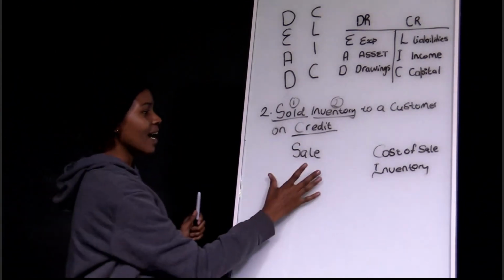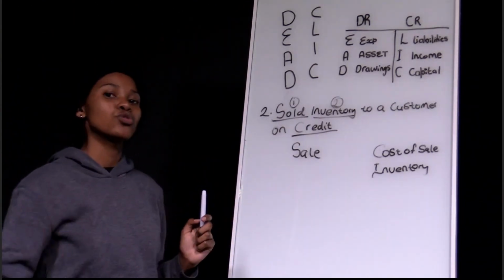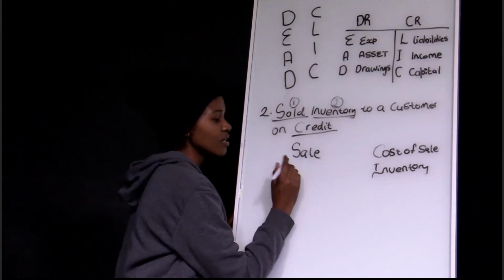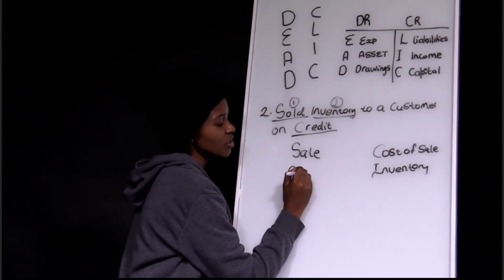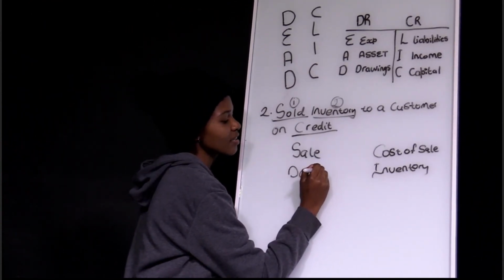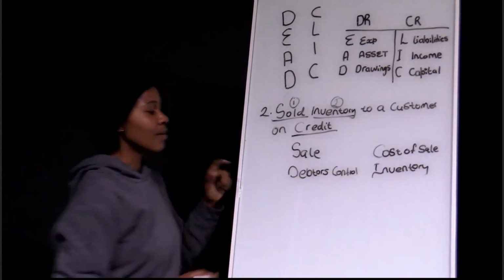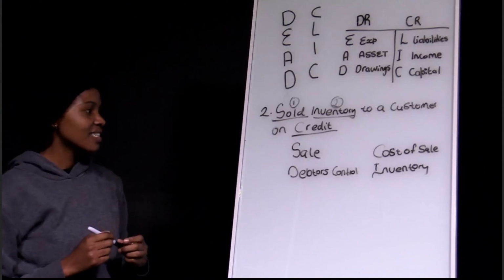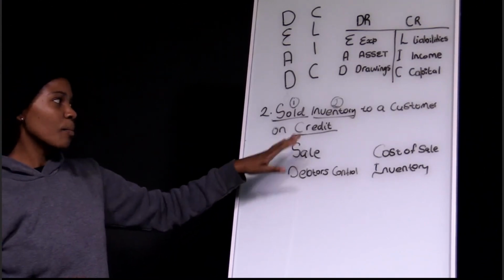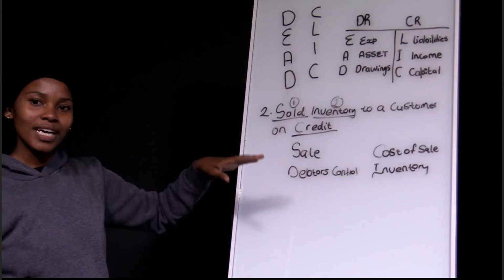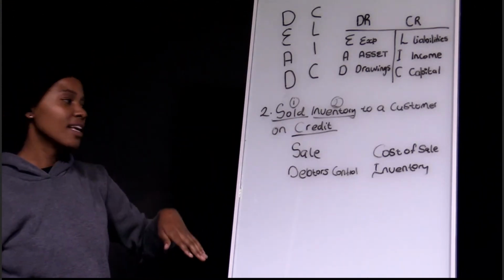Their account is debtors control. So we're going to record the other account, which is your debtors control, because these are the people that owe us money. They still have to pay us, because this customer did not pay for these goods.